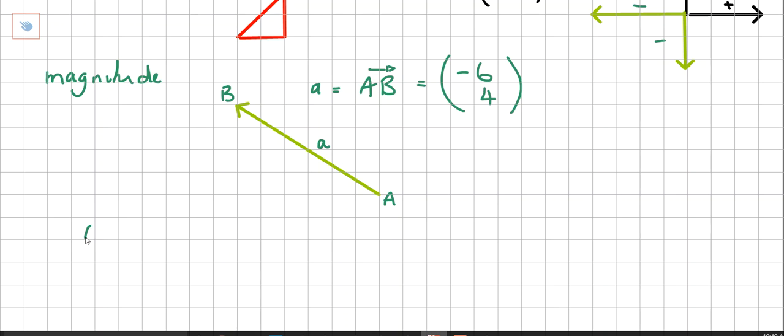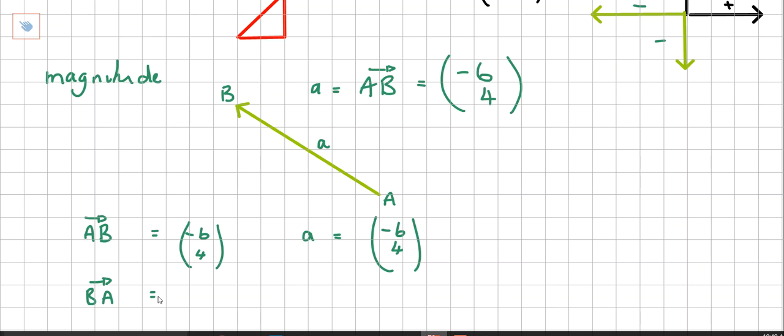So for instance, if I told you that AB is (-6, 4), and then I said a is also (-6, 4), we've got the same vector. What would BA be? 4 over 6? 6 over 4?